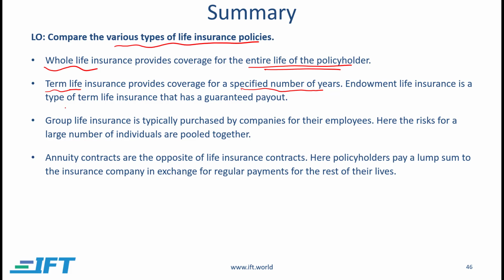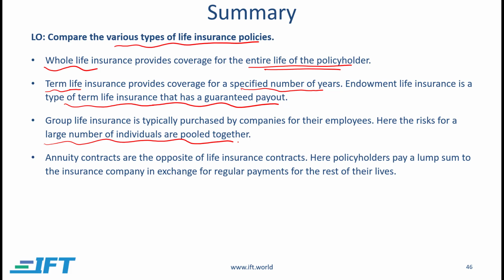Endowment life insurance also has a guaranteed payout, and here there are some very interesting investment options. Group life insurance can be done without a health check, and the reason is because a large number of individuals are pooled together, so the insurance company knows they'll be getting some good risks and some bad risks, so they don't bother doing the health checks.